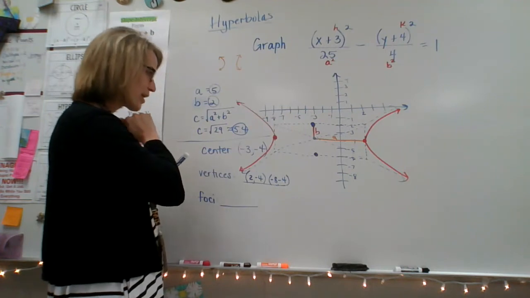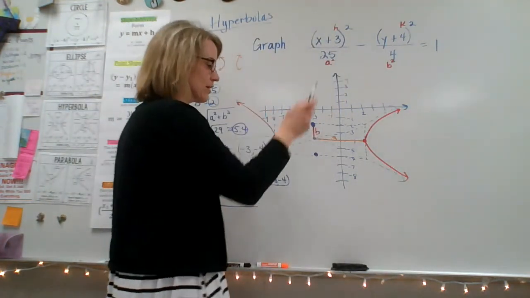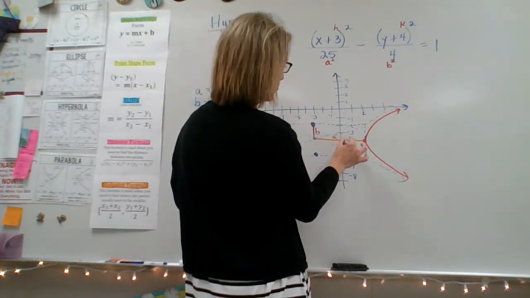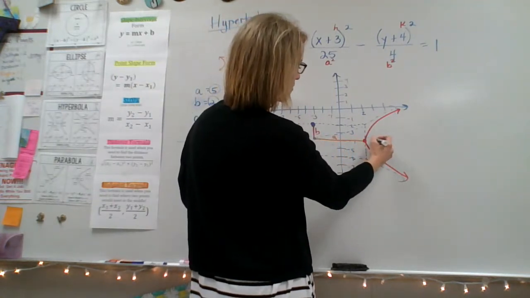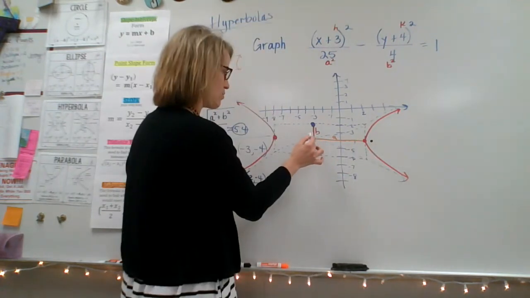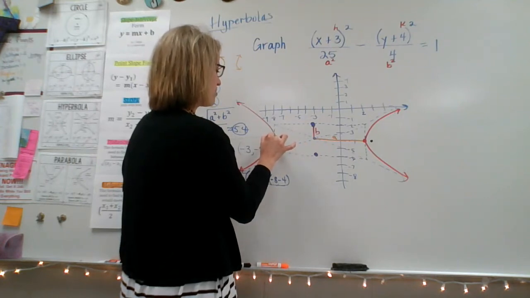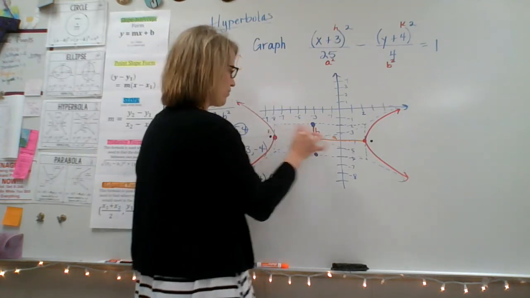So we're going to count 5.4 units from the center to find the focal point to the left and to the right. So 1, 2, 3, 4, 5, and 0.4 more will be one of the focal points, and then we're going to go this way. 1, 2, 3, 4, 5, and a little bit more. So you're just estimating on those. So there's one focal point.